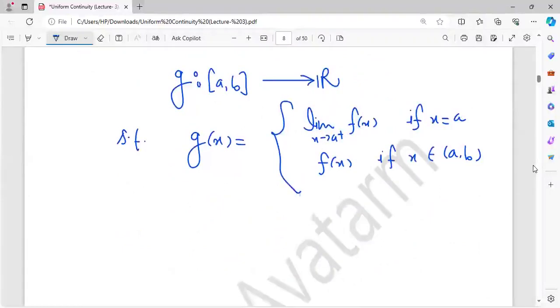And I am taking the limit as x tends to b minus of f(x) if x is equal to b.